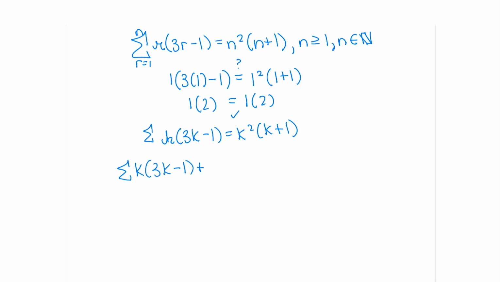We're just basically going to replace these k's with k plus 1. And then we're going to do the same thing. We're going to replace these k's with k plus 1 on the right side.